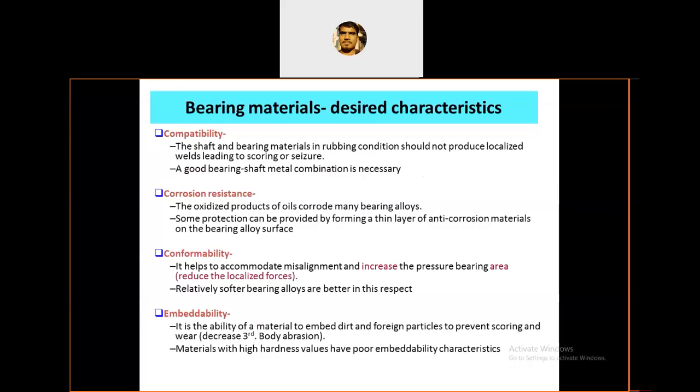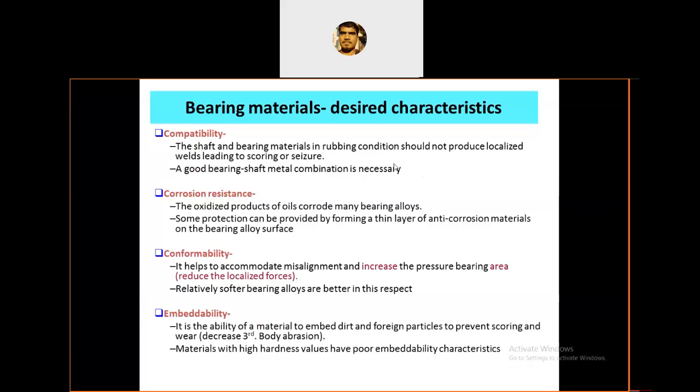The bearing material should have high compatibility. That we can expect in a good bearing and shaft metal combination. A bearing and shaft metal combination means both should be metal. Then we can expect good compatibility in the bearing material. Clear?